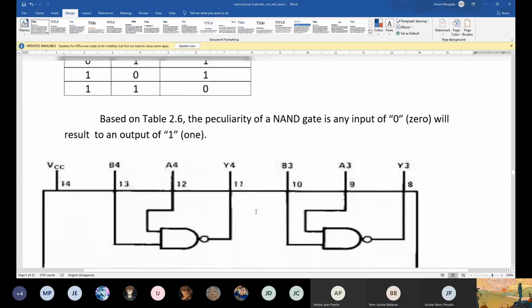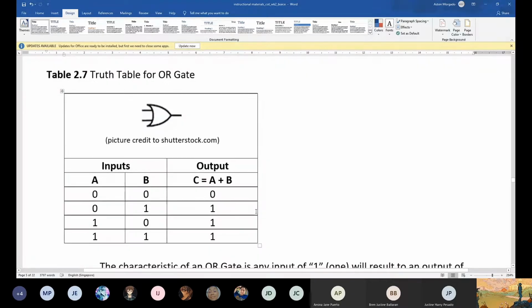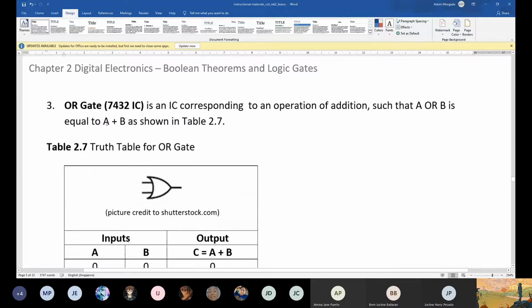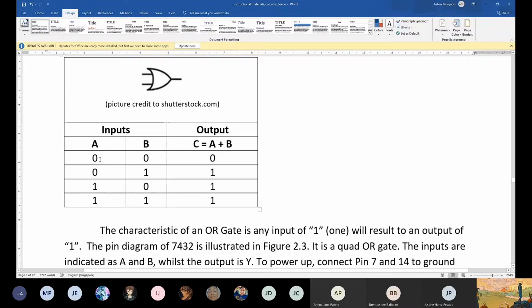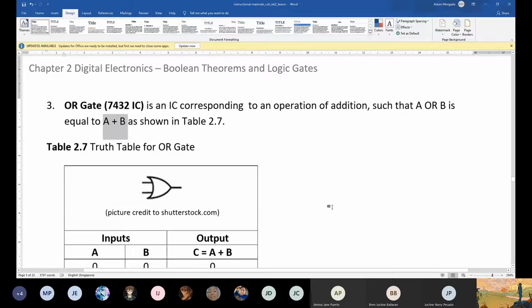Let's say for the OR gate, OR gate is plus, so it's equivalent to A plus B. You have 2 inputs, let's say the inputs here are X and Y, so X plus Y. When you say OR gate, that is 7432.